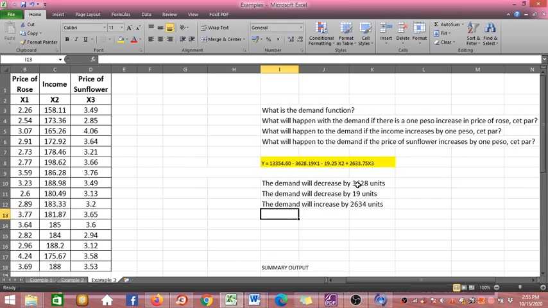Again, we round off natin 2633.75 into 2633 units. Okay, so that's how we do the multiple linear regression. You just need to review yung mga na-discuss natin sa microeconomics theory in order to know if the signs from the summary output ng regression analysis natin is tama. Kung positive ba talaga siya or negative. Okay?